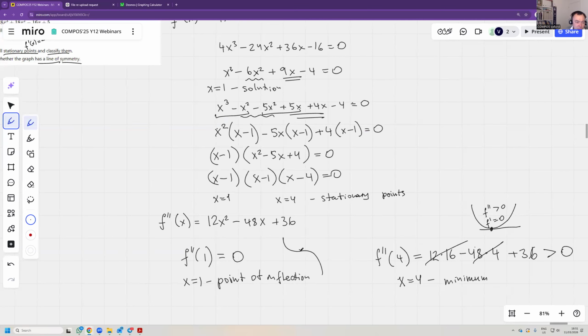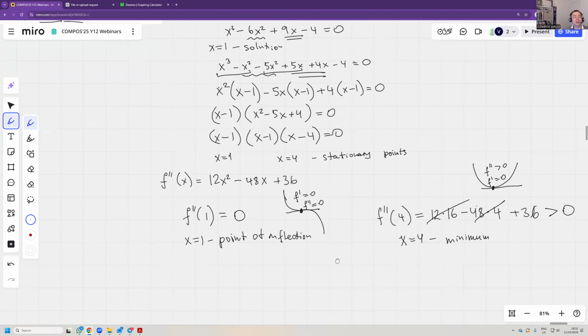So this is minus 1. So 1, sorry. Yeah, decreasing. So that's where the first derivative is 0. The second derivative is also 0. That's the point of inflection.